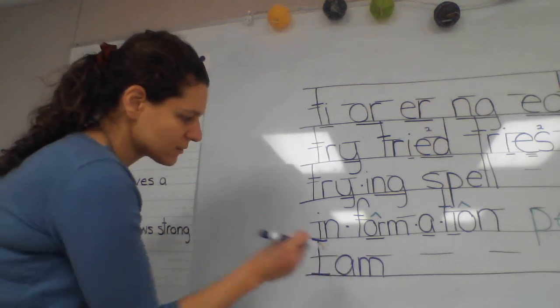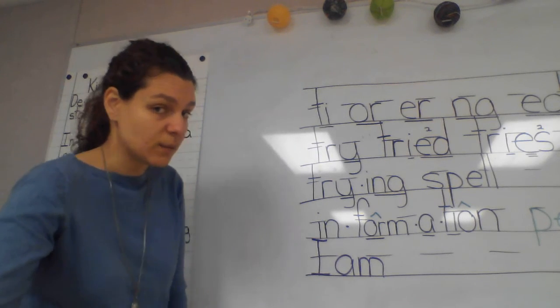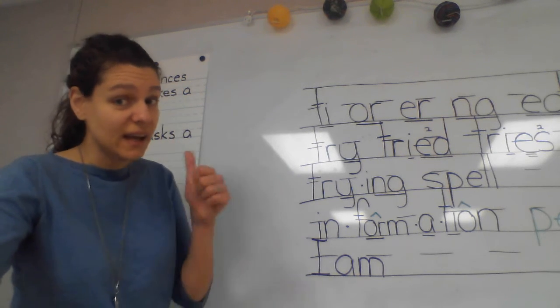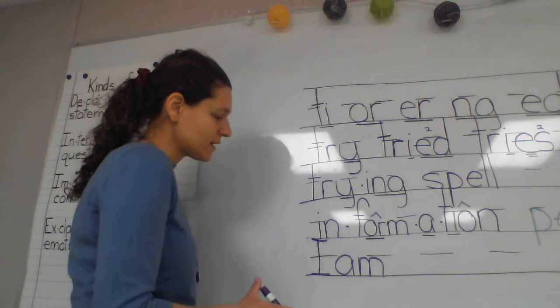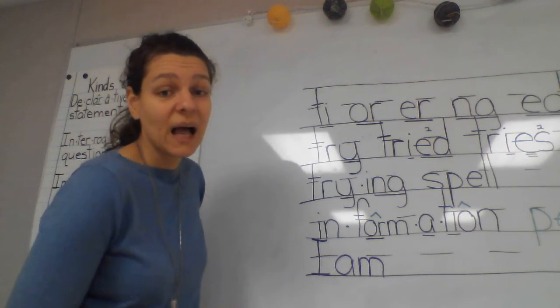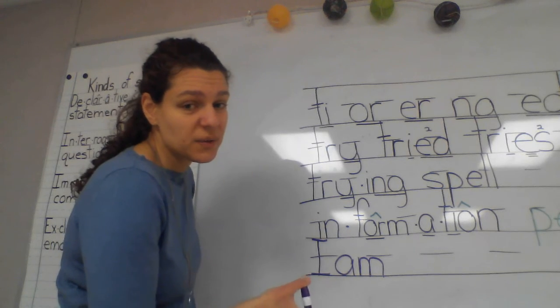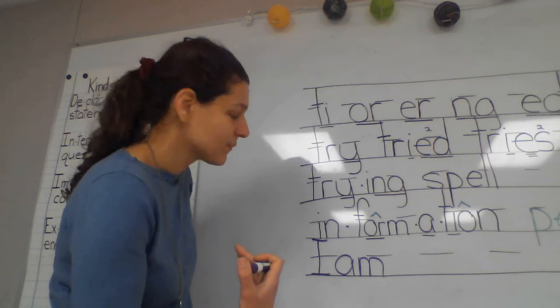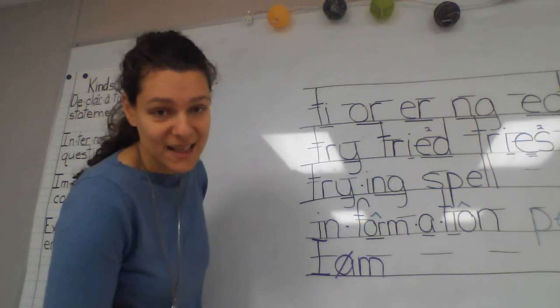All right, we're going to make a contraction out of those. So that means we're going to squish it into one word. We're going to take out a letter and replace it with, does anyone remember what that's called? Apostrophe. Excellent work if you remembered. So let's see, our contraction for I am is I'm. What sound do you hear in I am that you don't hear in I'm? This one, huh? We're going to take that out.